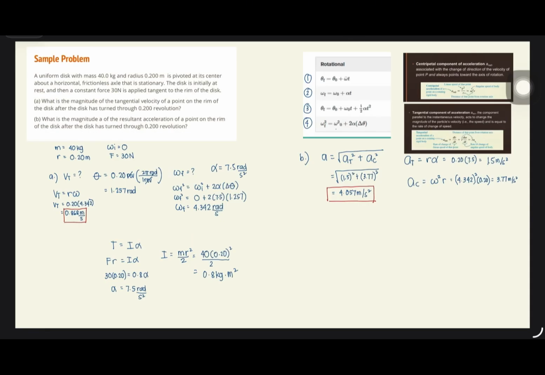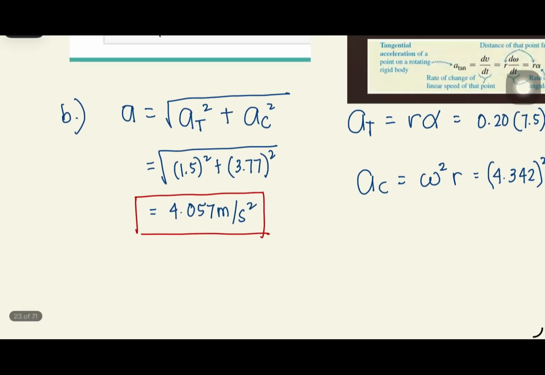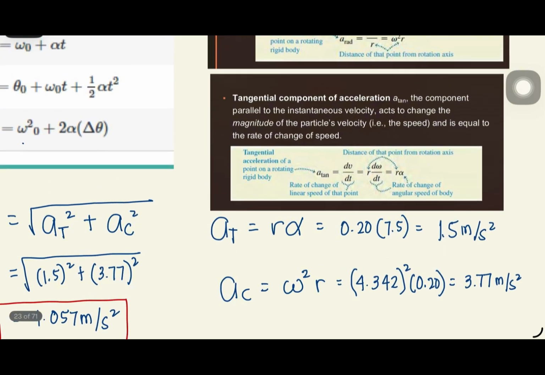Okay, our last item is to get the resultant acceleration of a point on the rim. This is our solution for this item. The resultant acceleration is equal to the square root of tangential acceleration squared plus the radial acceleration squared. We need to get first the tangential acceleration using the formula r times alpha.